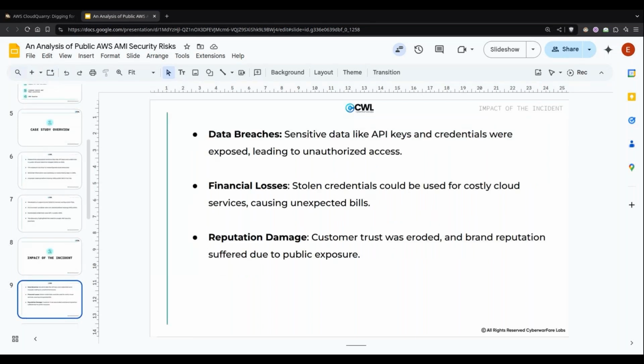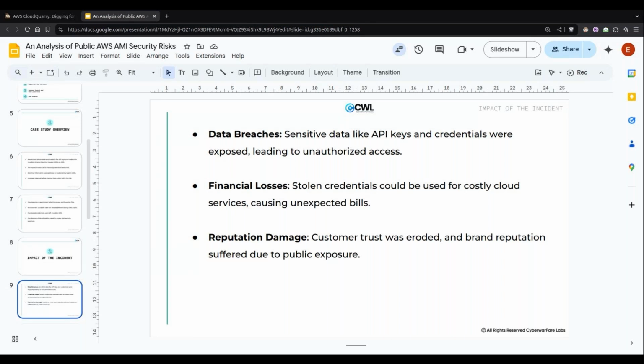So the impact was that API keys were present, credentials were present, and anyone could actually spin up these machines and extract these credentials from inside, and they could perform a large scale cyber attack, or unauthorized access. So things like API keys and bills and addresses, all those things.